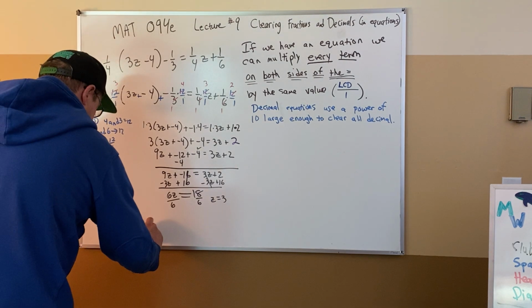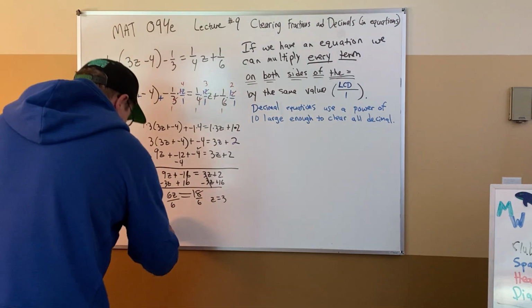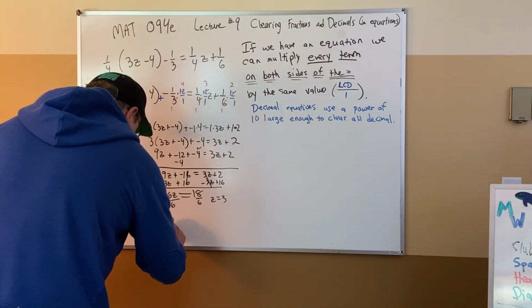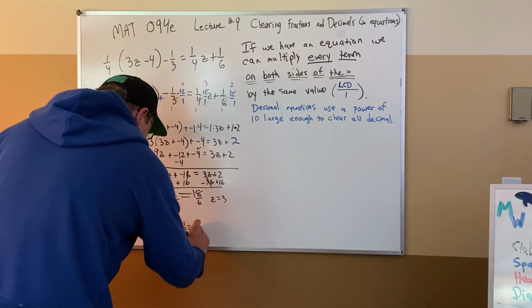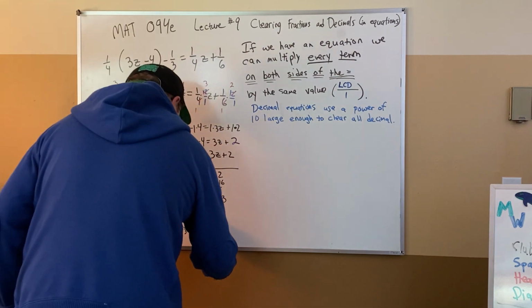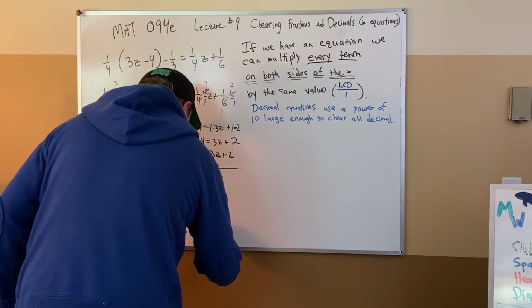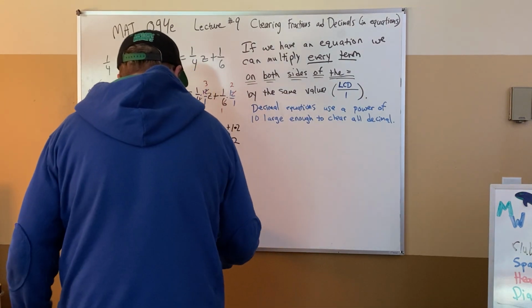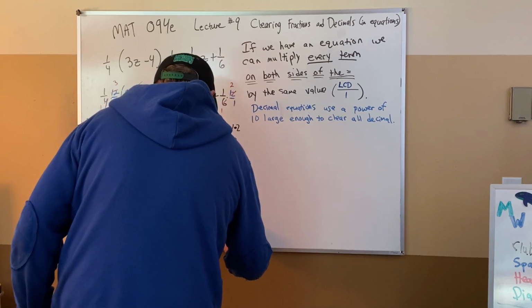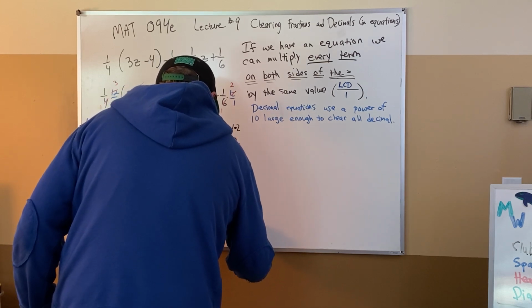Okay, let's see what that makes. Without the calculator, I'd have to go with 1/4 times 9 minus 4 minus 1/3, which is 1/4 of 5 minus 1/3. 5 goes over 1, we're going to get 5/4 minus 1/3.